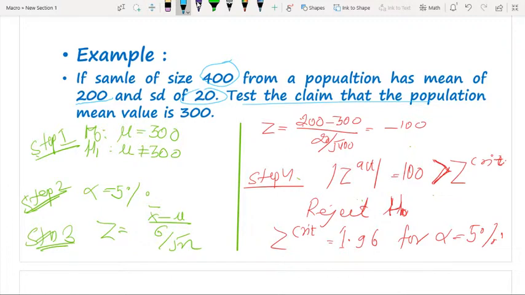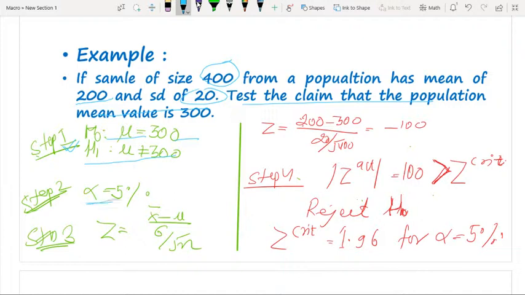We have to test the claim that the population mean is 300. So in step one, we formulate the null hypothesis: population mean mu is 300, and the two-sided alternative hypothesis: mu is different from 300.